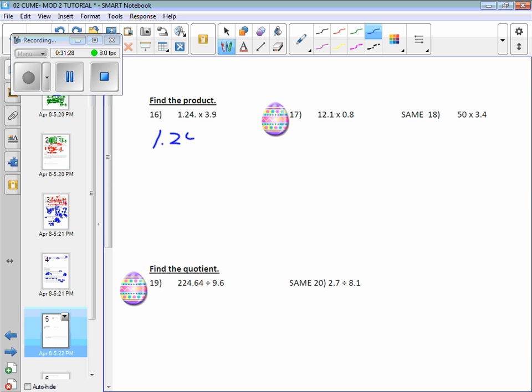When I set this up, it makes sense, like you've learned back in elementary school, that the number that has the most amount of digits should go on top, regardless of where the decimal is. So since there's 3 digits in 1.24 and only 2 digits in 3.9, put your 1.24 on the top.